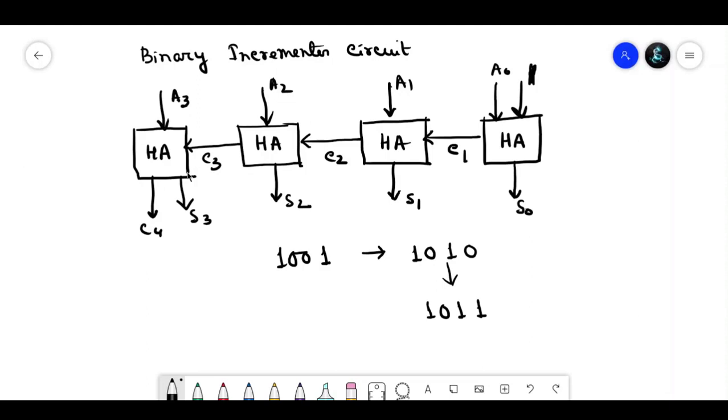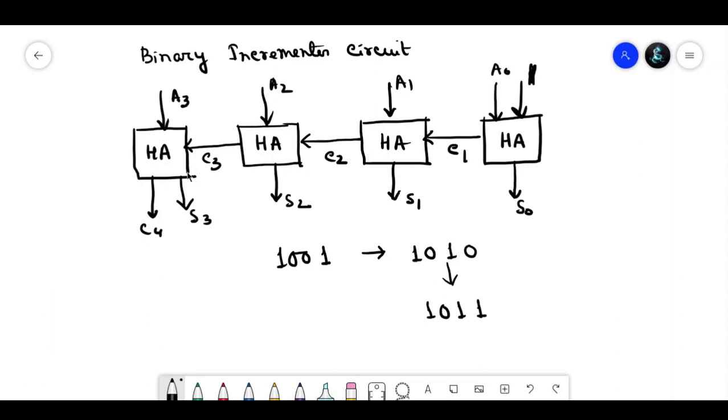So the circuit can be extended to an n-bit incrementer. The half adders will just be connected in cascade. If we want to implement an n-bit incrementer, n half adders will be connected. Instead of half adders, full adders can also be used, but then the other bits will be put at 0. There is no need to use full adders, as it will only increase the number of ICs or logic gates in the circuit.